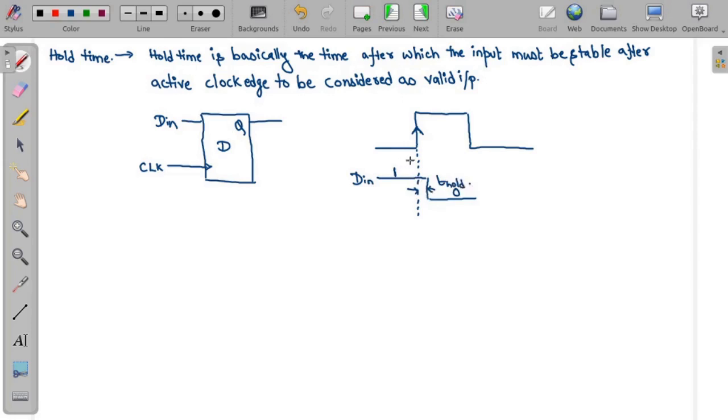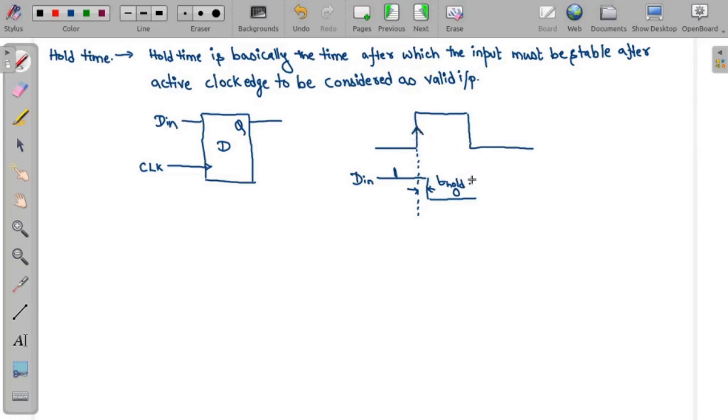So this D flip flop will consider this as 1 if my input is stable for T hold time after the application of the positive edge, or the active edge.